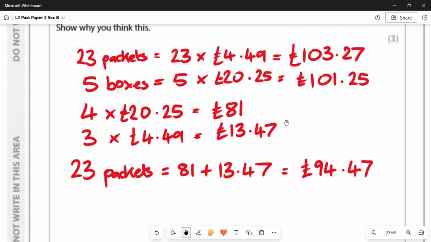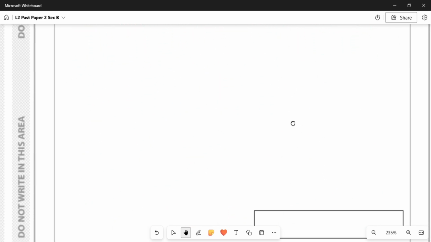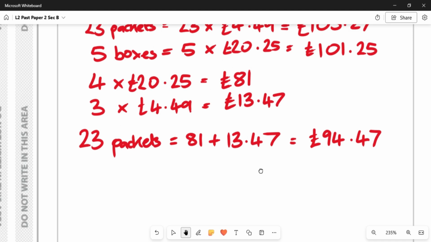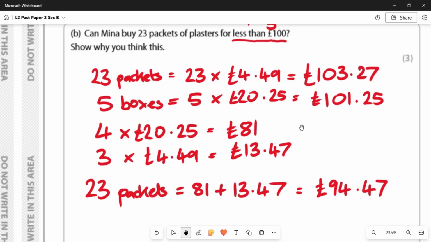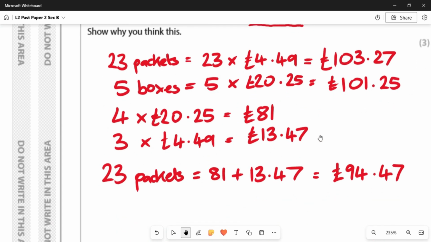So that's the only way that you can get 23 packets. And we can say yes, she can. Yeah, and that's the only way that she can get 23 packets, less than £100. If she tries any other way, it's going to be more than £100. So this is the only way.